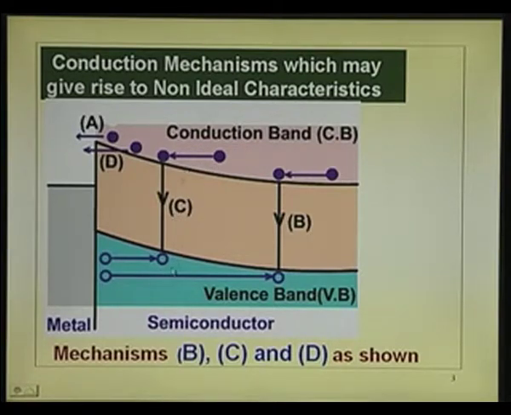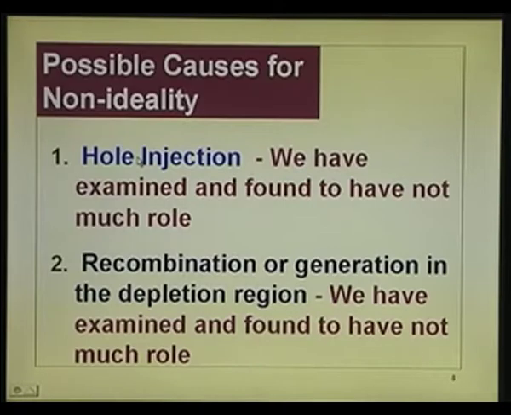Similarly, generation recombination current is much smaller compared to the thermionic emission current. So, we do not have to worry, it is at least 1 or 2 orders of magnitude smaller in gallium arsenide. The other term that we have put here is the quantum mechanical tunneling. So, these two terms are negligible.